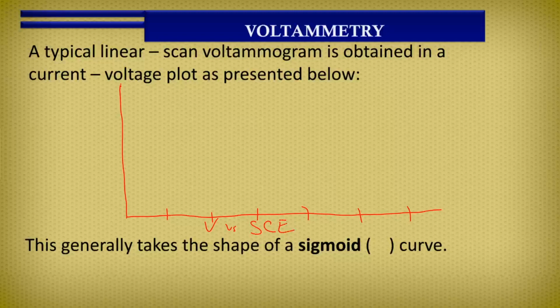And this is your current axis, in microamperes. When you start your analysis, the potential is in the negative, so you have your negative values, and so on and so forth.